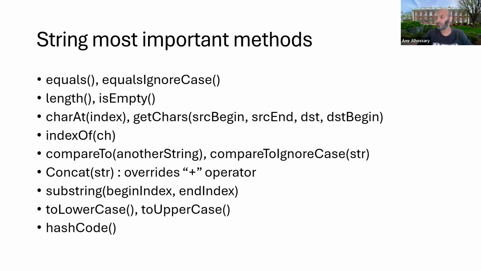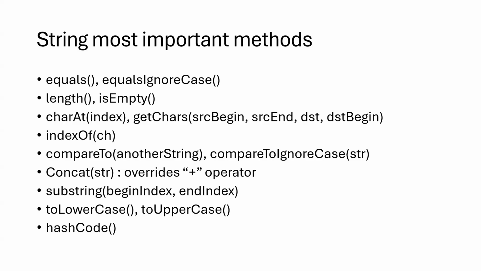Not 100%, but it can to a good deal represent the string. So if two strings have different hash codes, they are definitely different. If they have the same hash code, then they are probably the same.